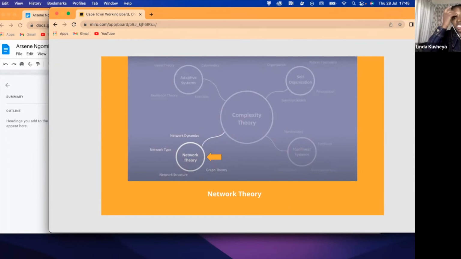Yeah, so I think network theory is basically about connectivity of elements within the system, right? One example that comes to my mind of a network is the transport system at a global level.